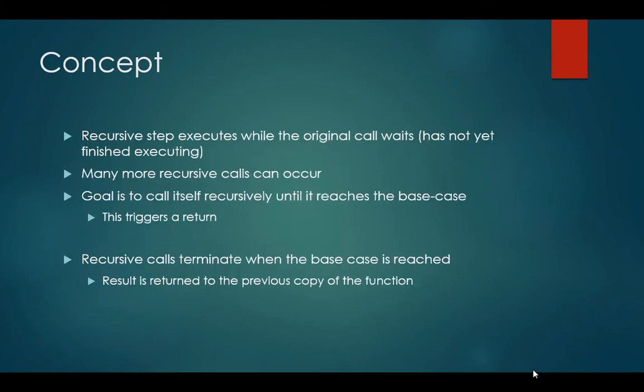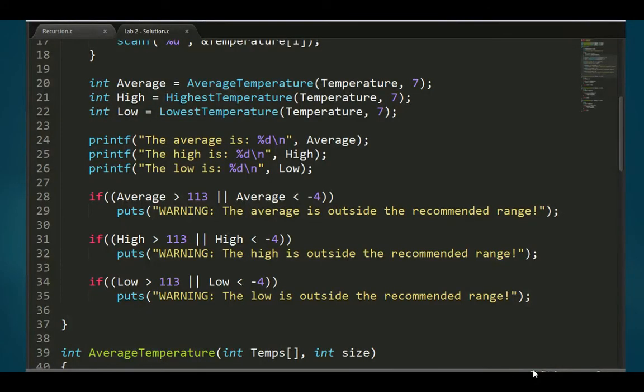One thing you have to keep in mind is, and this is hard to depict, and I think it's a little hard to understand until you've worked through recursion. So bear with me on this. Let's look at a snippet from the Lab 2 solution.